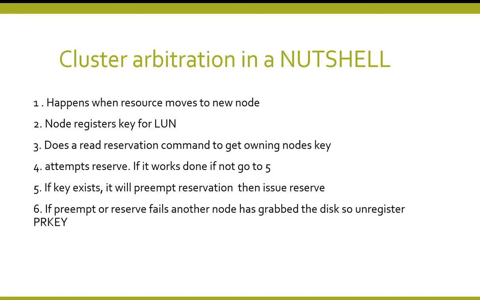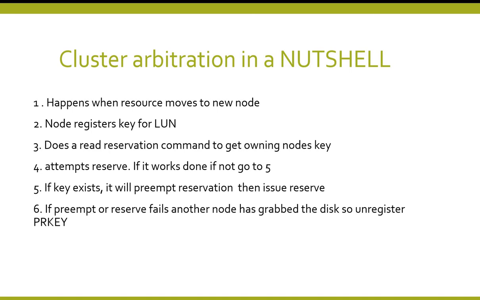Now the exception to this is CSV. When CSV mounts the drive, or they call it mapping the drive, CSV code will register the key of that node with the drive that's being used by CSV.